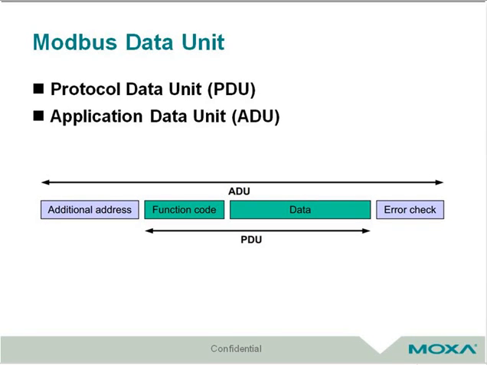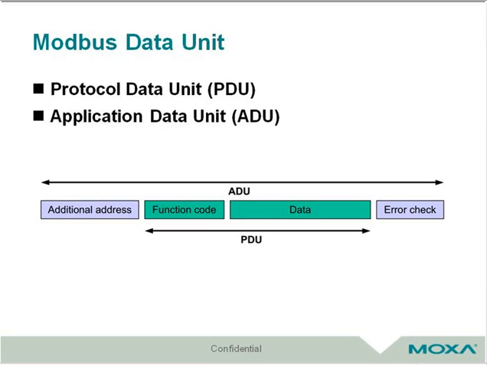Here are two nouns I would like to introduce before going to the following slides. The first one is PDU, the Protocol Data Unit, which is defined by the Layer 7 protocol Modbus. When a PDU is passed down to the lower layers, additional address or error check may be added because of the different technology or different layer.